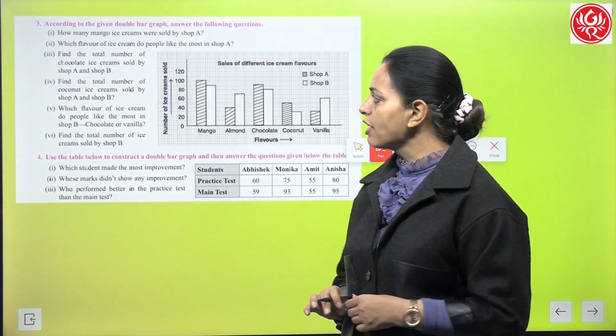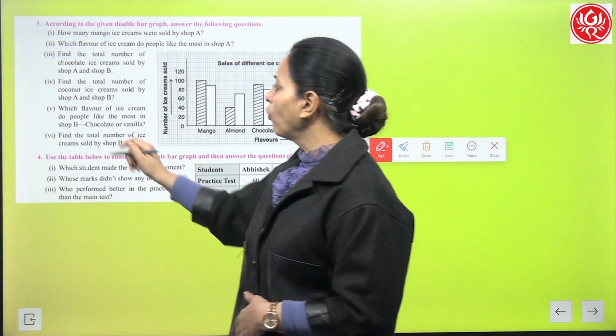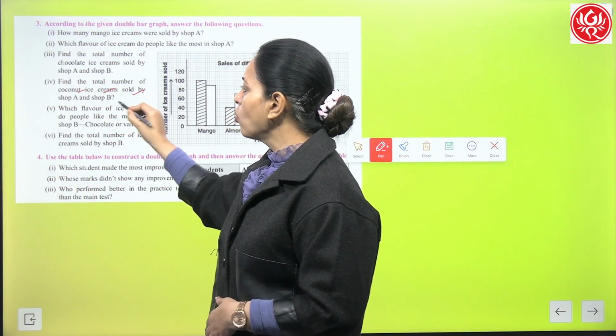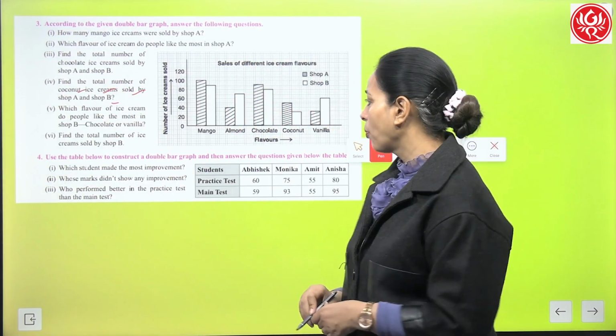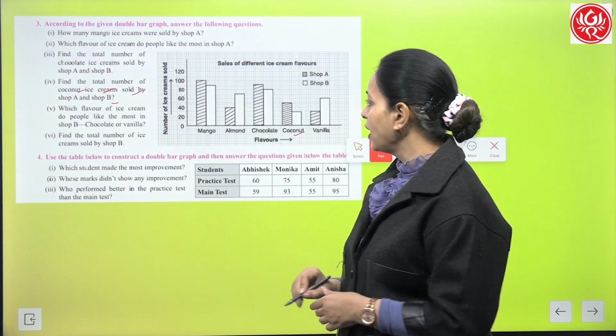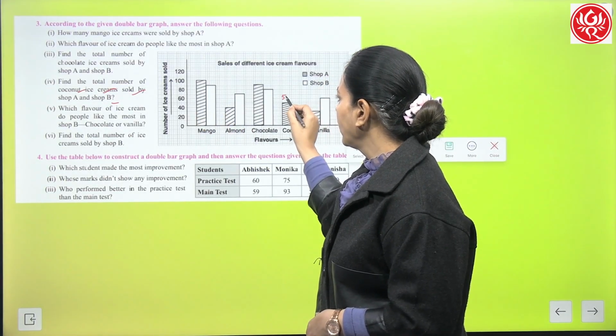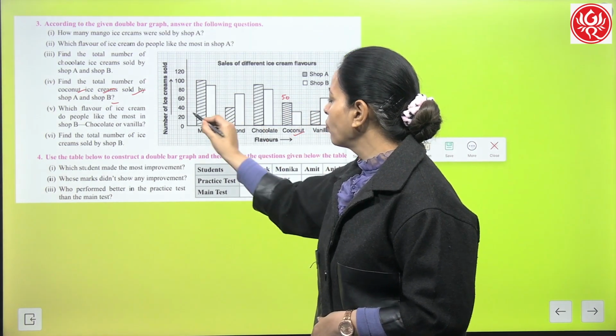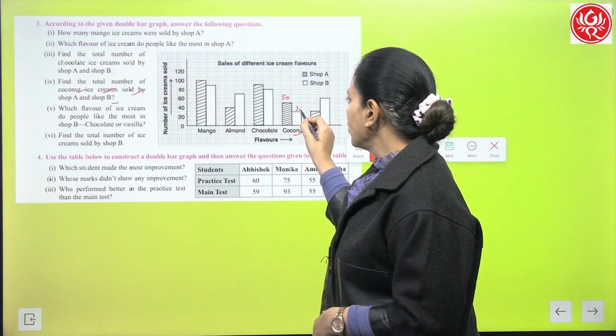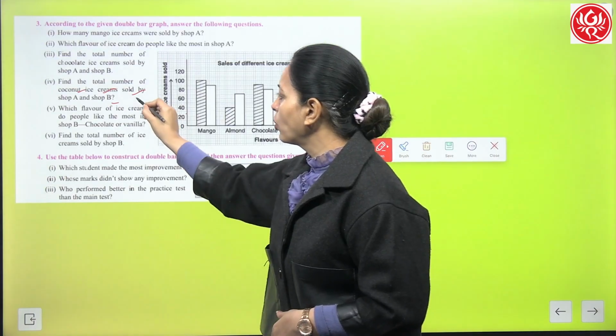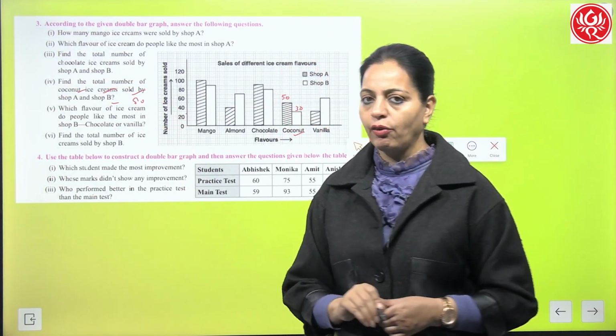Now come to the next, find the total number of coconut ice creams sold by shop A and shop B. So coconut ice cream, that is 50 plus this one is 30. So 50 plus 30, total is 80, right?